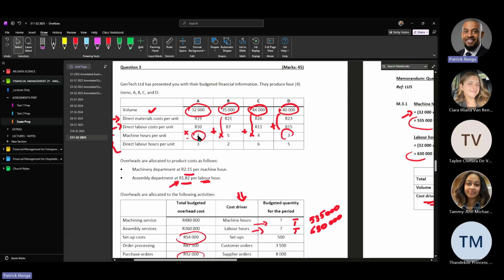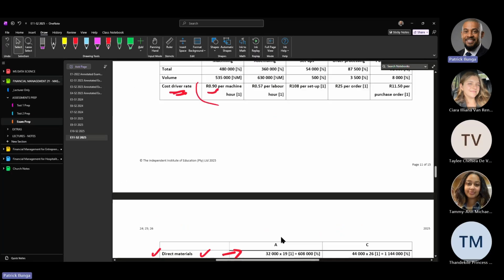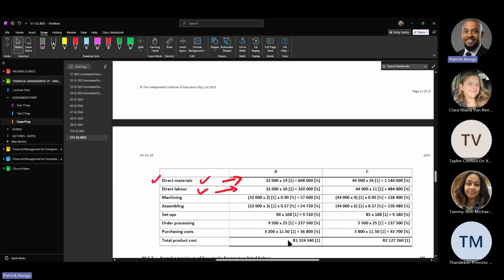So guys, I know this can be scary because you know you got it right. But in any case, because you're showing all your works, it's going to impact your total product cost if you make a mistake. I will be able to see that you only made a mistake here, but I don't want you to make that mistake because you're going to lose this 1 mark here, and maybe half a mark here.